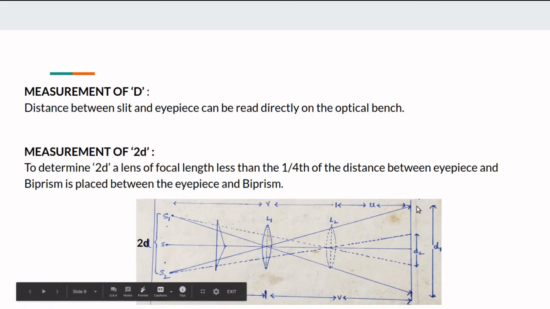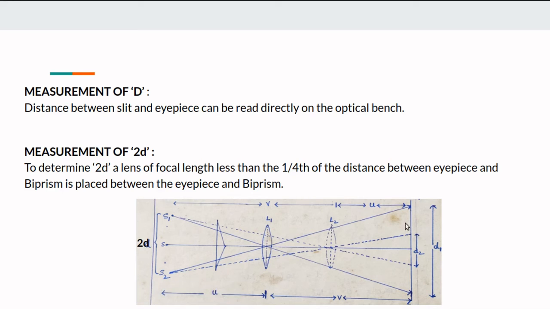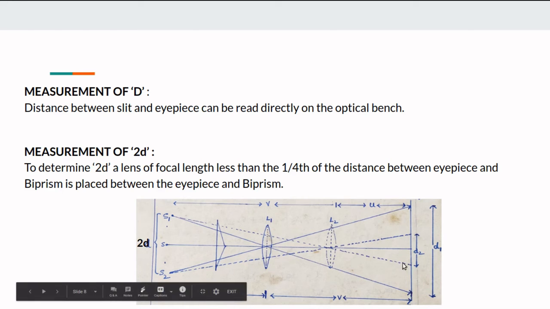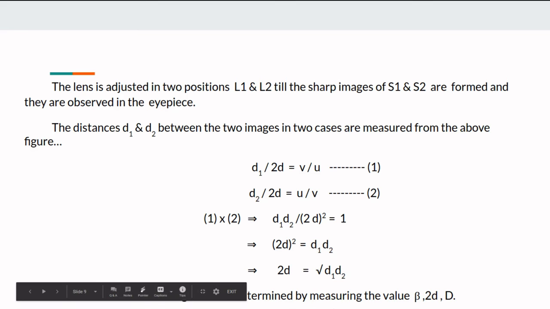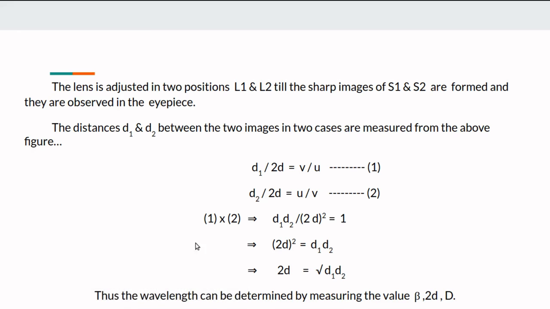We know that these are the images formed on the screen. D1 is the distance between the two images. For the lens, in the first case, the object distance is U, image distance is V, the size of the image is D1 and size of the object is 2D.